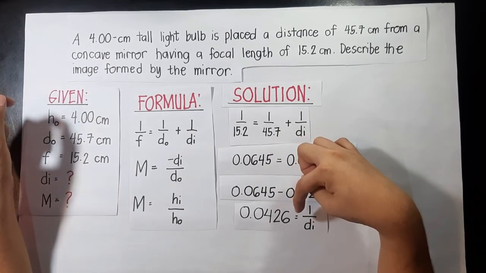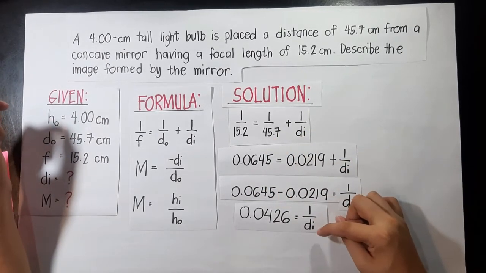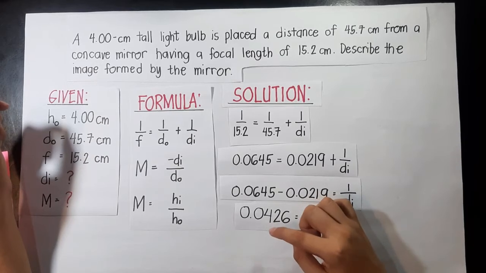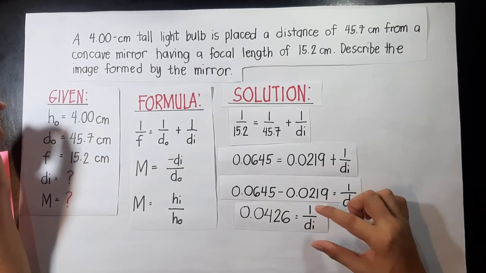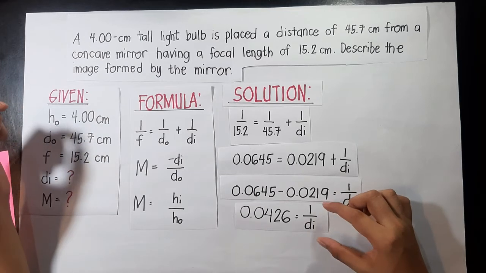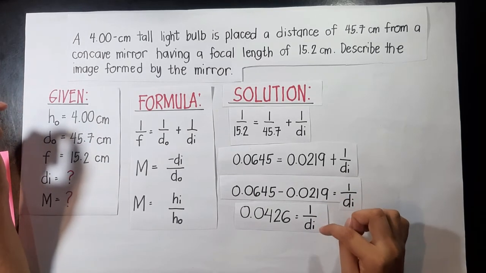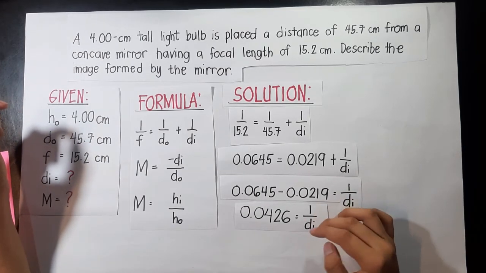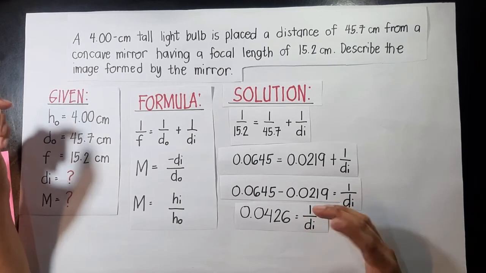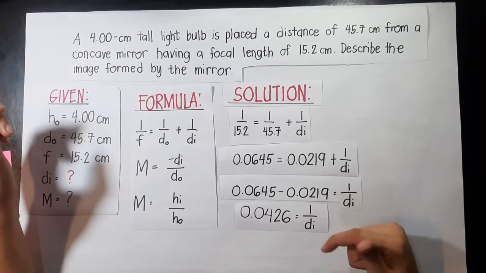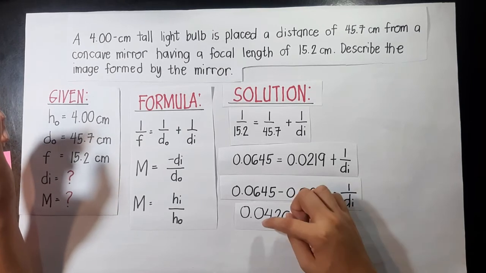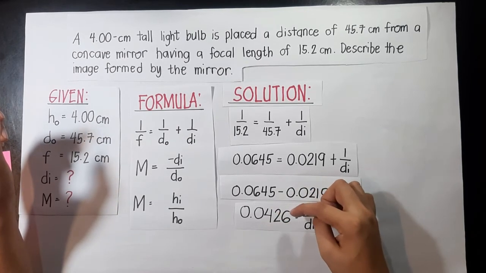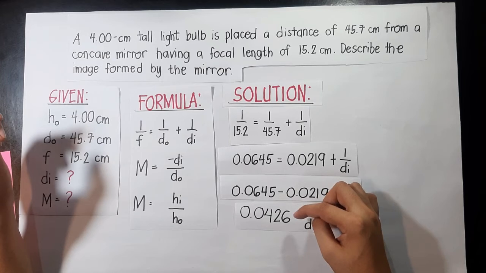So, after that, para makuha natin yung value ng DI natin, kasi hindi pa ito technically yung value ng DI natin, we just have another equation. So, para makuha natin yung value ng DI natin, we just simply take the reciprocal of both sides. So, para mas madali na lang para sa atin, i-reciprocal lang natin. If you're going to reciprocal this one, that will become DI. Kapag ni-reciprocal naman natin yung value ng 0.0426 na ito, that will become 1 divided by 0.0426.